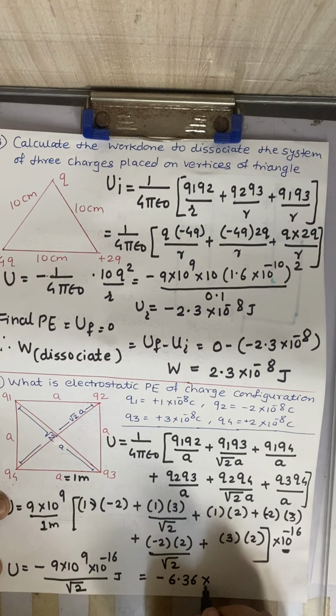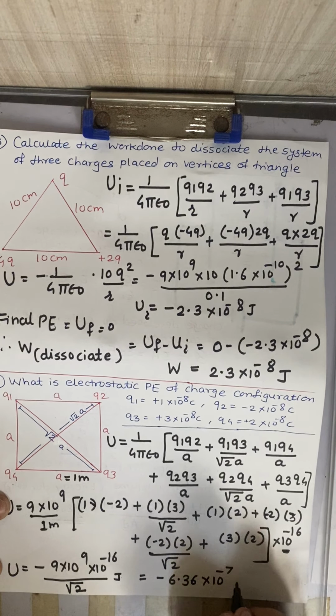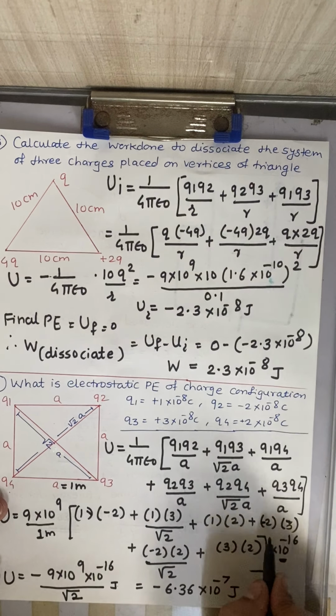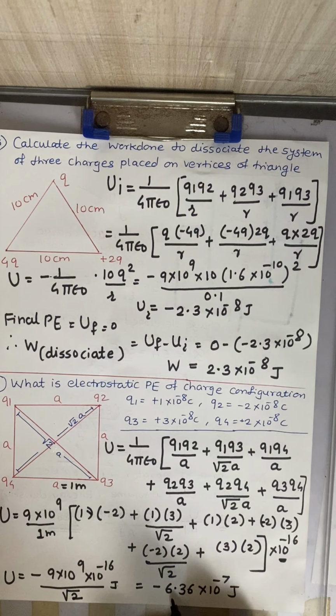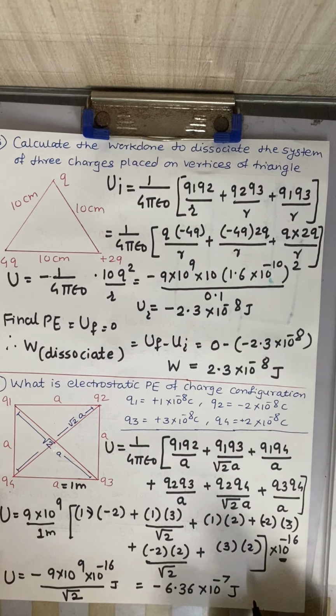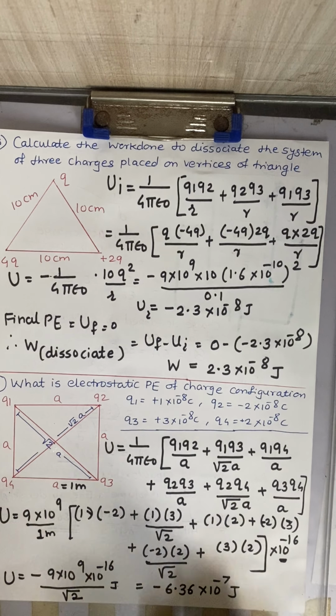When we calculate the bracketed term completely and put the values, it comes out to be minus 6.36 into 10 raised to minus 7 joule. So this is the energy associated with this complete system.